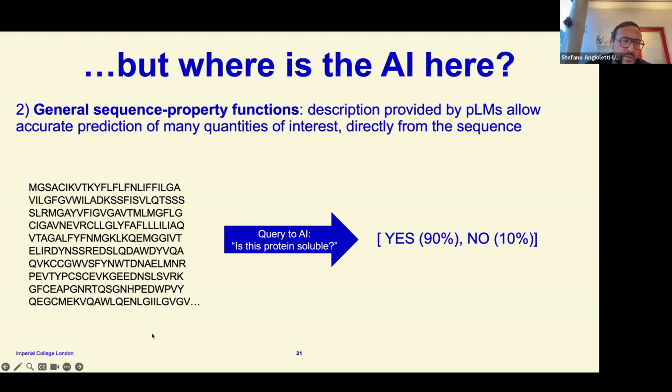For example, I can provide the sequence of this protein and ask the AI, is this protein soluble? The protein language model gives me a compressed description of the information inside the sequence. It passes this compressed information to another machine learning model, and then the model can tell me, I'm 90% confident that this protein will be soluble and 10% that it will not.